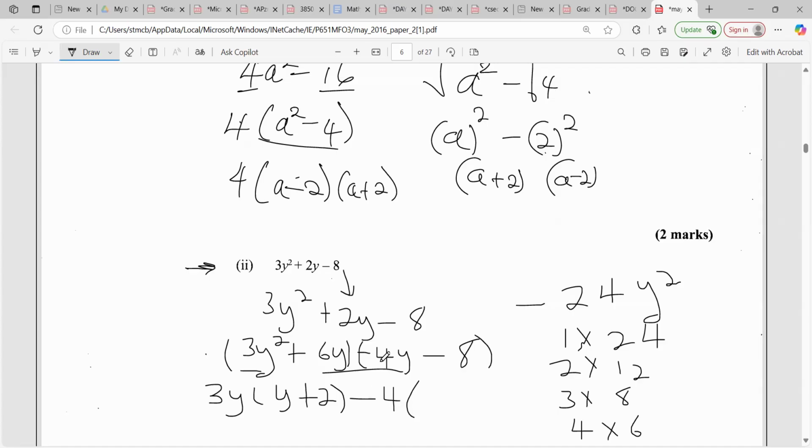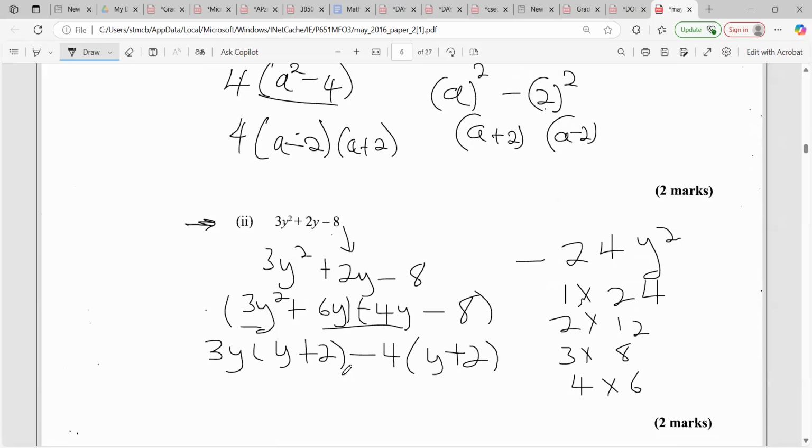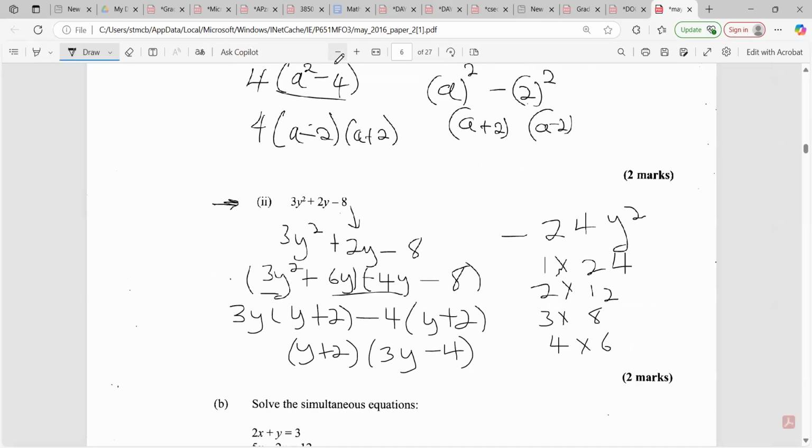Negative into negative is positive, so this would be y. Negative 8 divided by negative 4 would be plus 2. So it will be y plus 2 in one bracket, and of course 3y minus 4 in the other. Note it down, please.